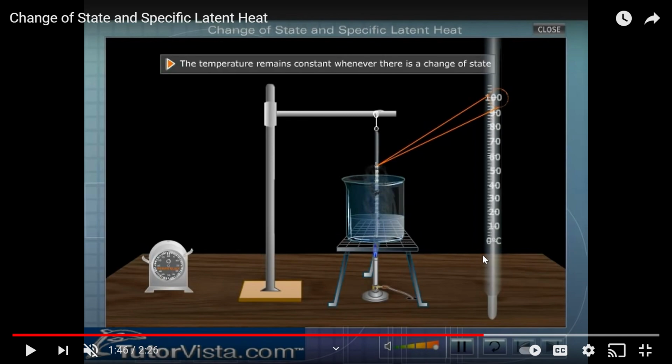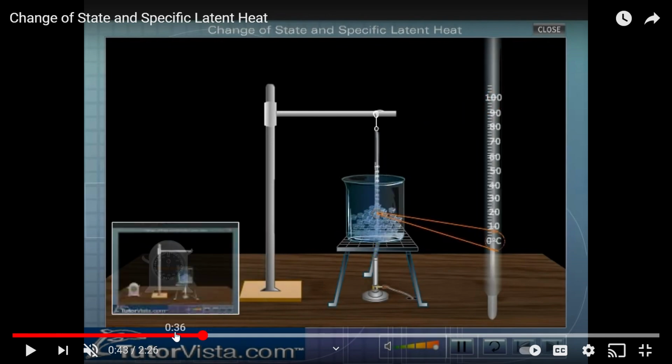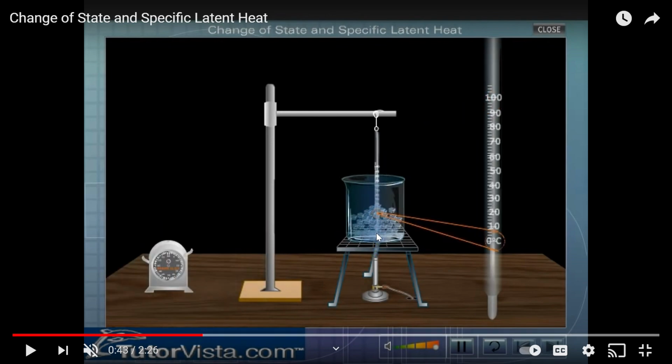Children, now if you pay attention here, the solid ice that was present in the beaker has changed into liquid state, but the temperature is still 0 because the heat which is provided to the ice has been used up by the molecules of ice to break the bond or the intermolecular force of attraction.